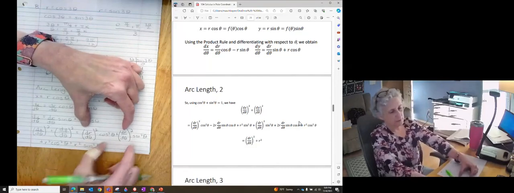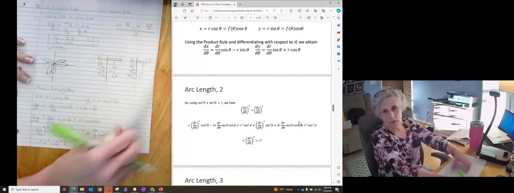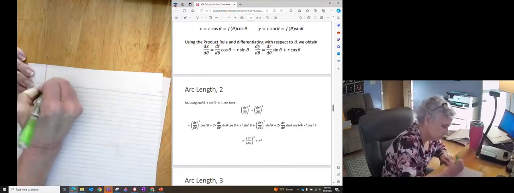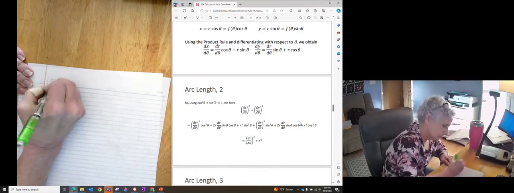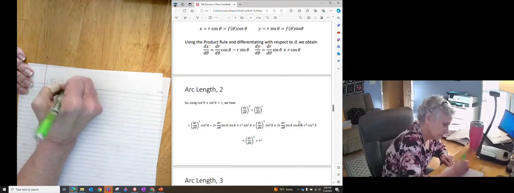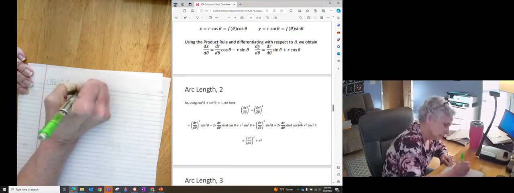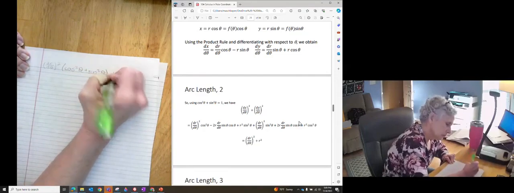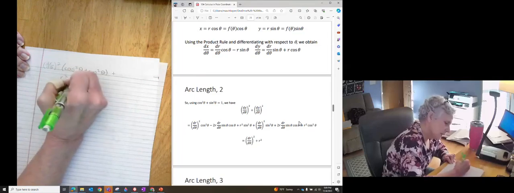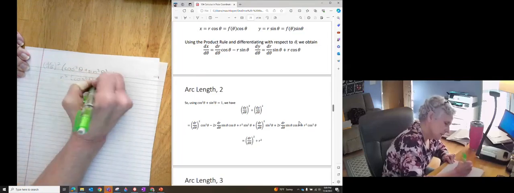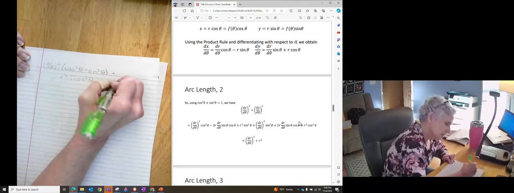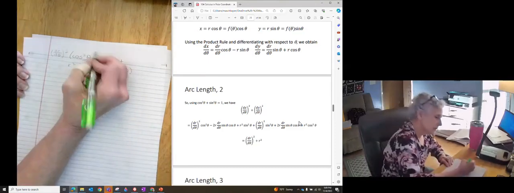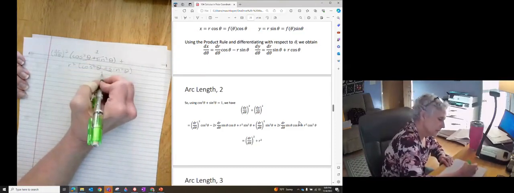So I have the derivative squared times cosine squared plus sine squared. And I have r squared times cosine squared plus sine squared. But cosine squared plus sine squared is 1.